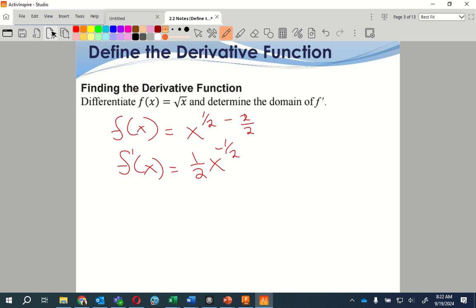In the denominator, right? I would move that down to the denominator, and that would make it positive at that point. So that would give me 1 over 2x to the positive 1/2 down here. Yes, no, maybe? Good.